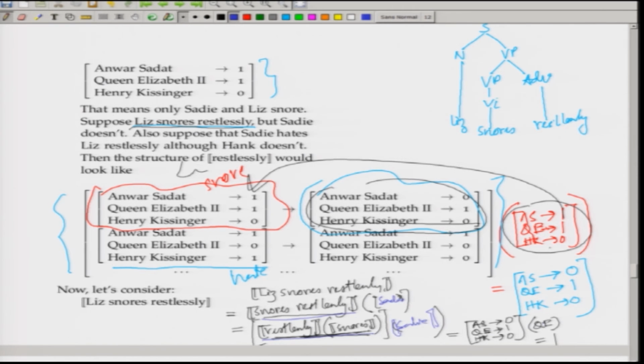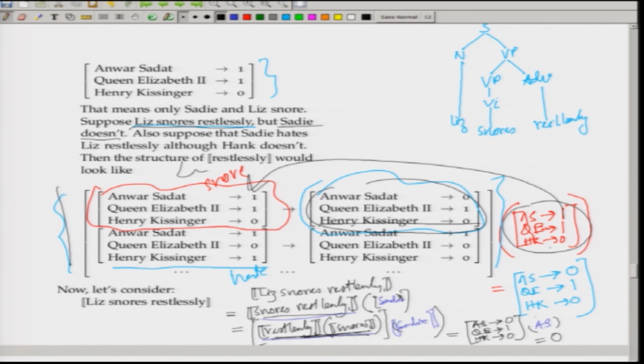After that, instead of this, we would just have Sadie, which is AS, and then AS is mapped to 0. So as a result of that, we get 0 here, and that is desired because Sadie does not snore.